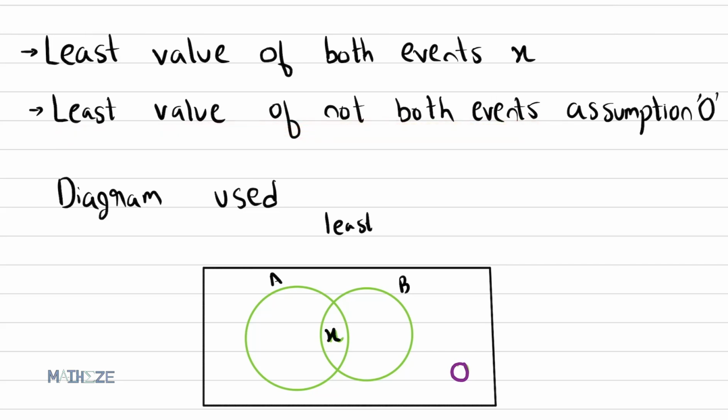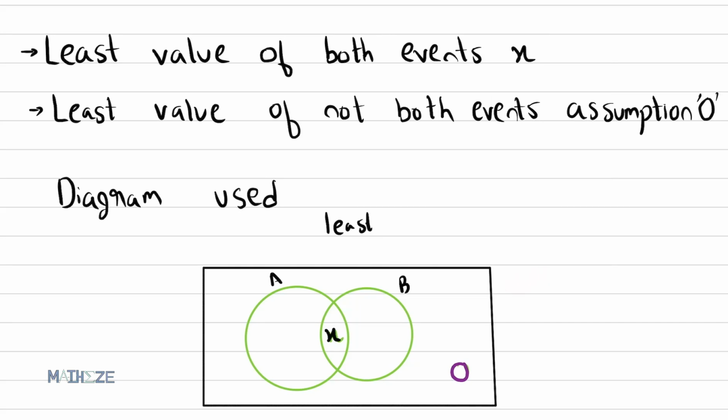If any value is not given to us for that, we always assume the least value of not both events is what? 0. Got this? So for least value of both events or not both events, we need to make a Venn diagram like this.